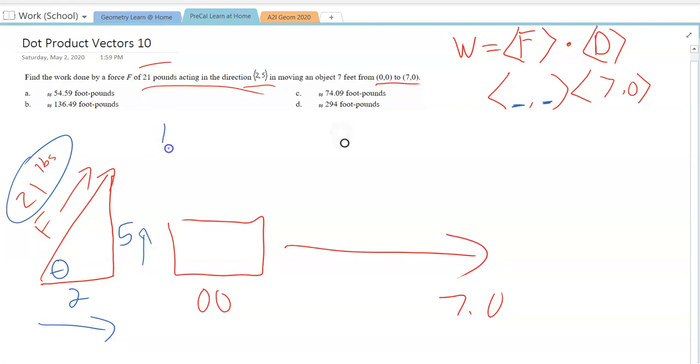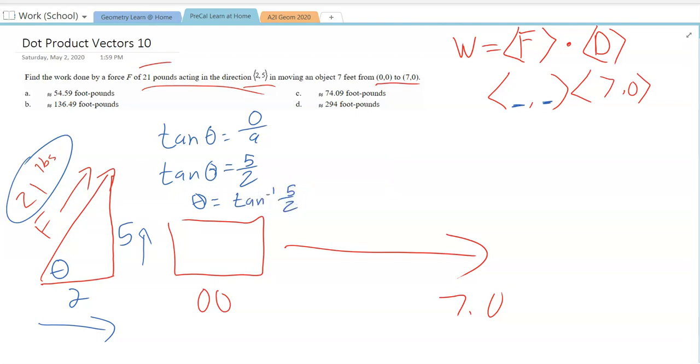So I know that tangent of an angle equals opposite over adjacent, so tangent of the angle equals 5 over 2. If I do tan inverse of 5 halves, we should get our angle equals approximately 68.1986.